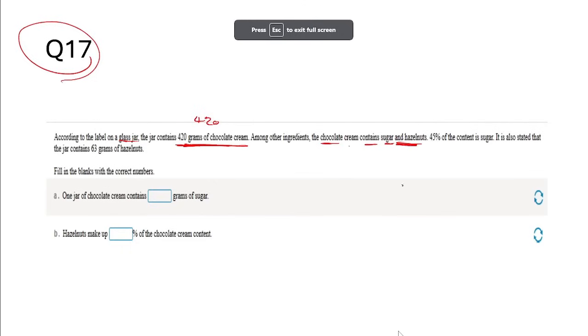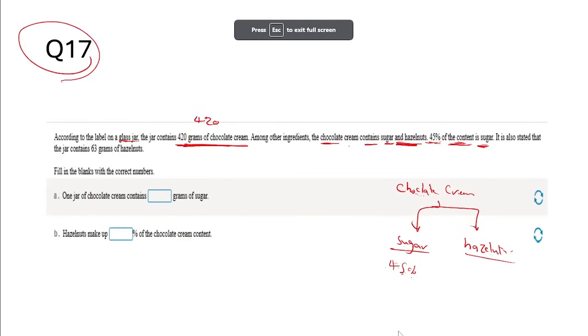So that means I have the chocolate cream as sugar and hazelnut, right? 45% of the content is sugar. That means 45% of the content of the chocolate cream is sugar.